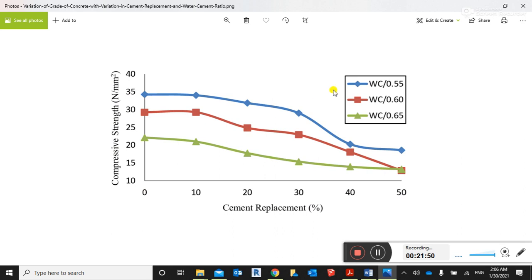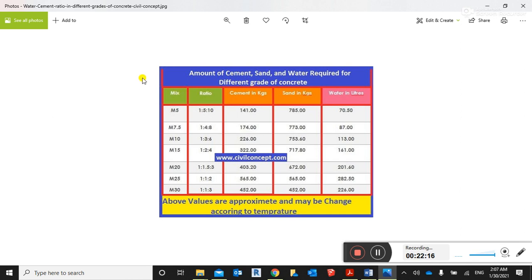See, this blue line shows the water cement ratio 0.45, this red color shows the water cement ratio of 0.36, and this line shows the water cement ratio of 0.3. See, the water cement ratio is low, medium, high. If the water cement ratio is high, the strength goes down.